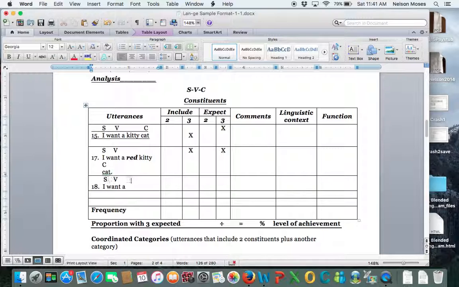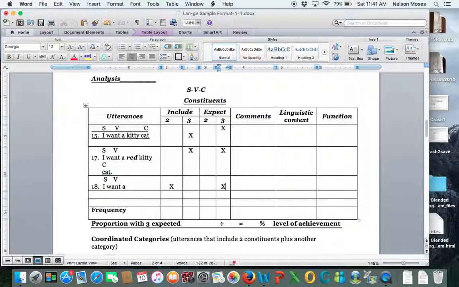So I would say the child only included 2 constituents here. But if I produced the sentence, I would have completed it. I would have said, I want, and want is typically followed by a complement. So you would expect that an adult would produce 3 constituents if that adult used want in the sentence. The sentence was a state sentence around the verb want.